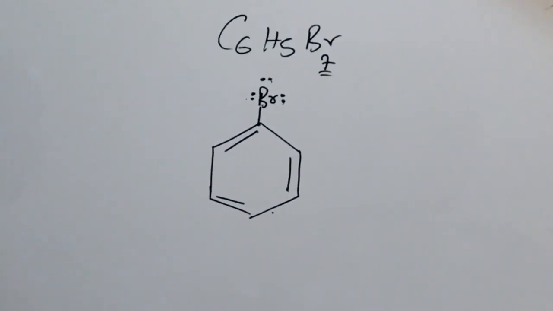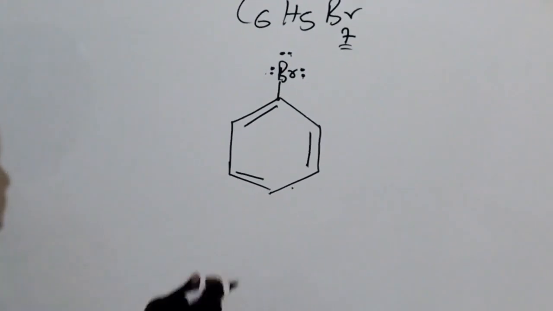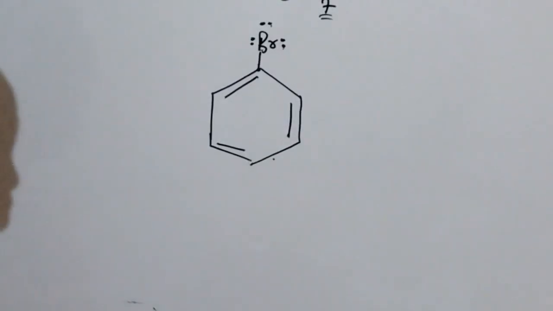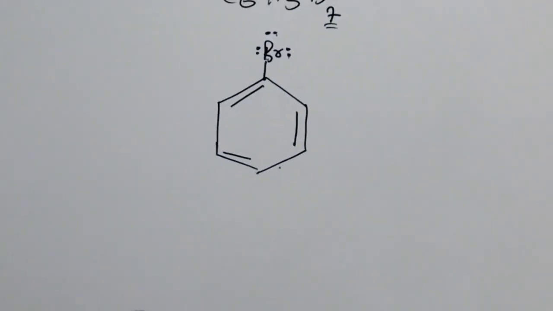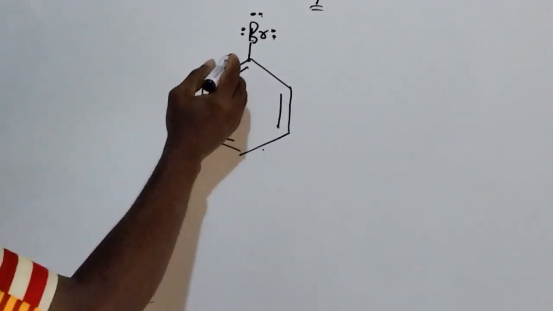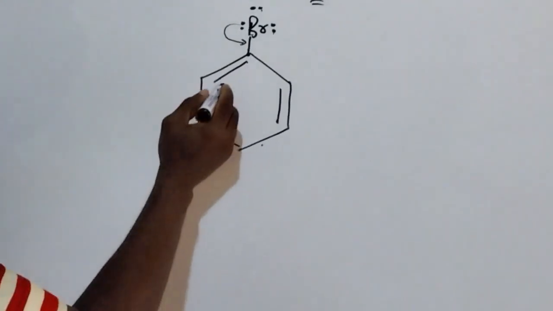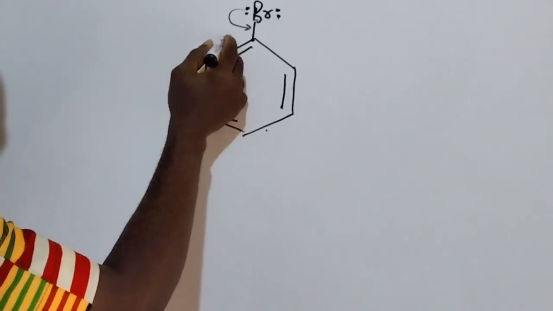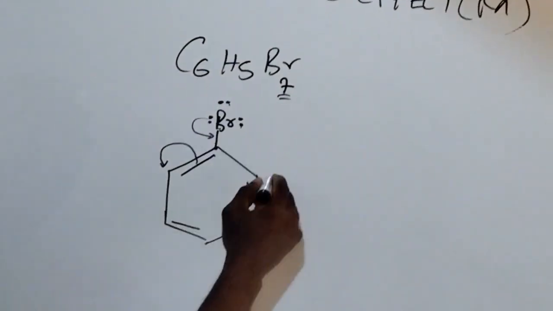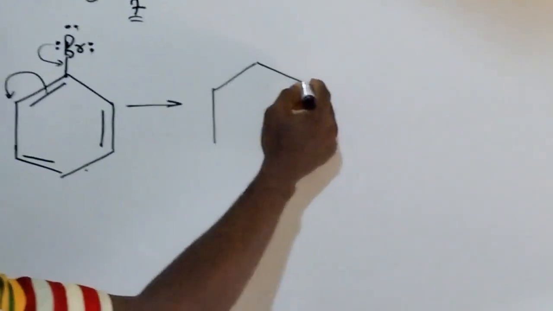To demonstrate mesomerism or resonance in bromobenzene, we have to shift this electron. Remember that bromine belongs to the positive mesomeric group, the electron releasing group. So we shift the electron to this bond here. When we shift the electron, this bond will be shifted also to the adjacent carbon atom. At the end, we have this structure, which is a resonance structure of bromobenzene.